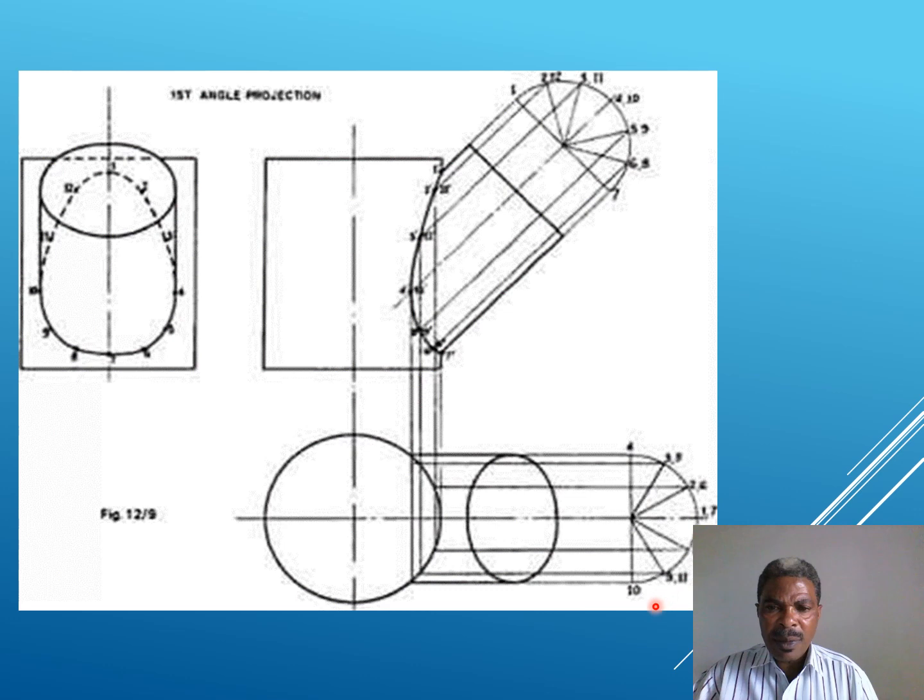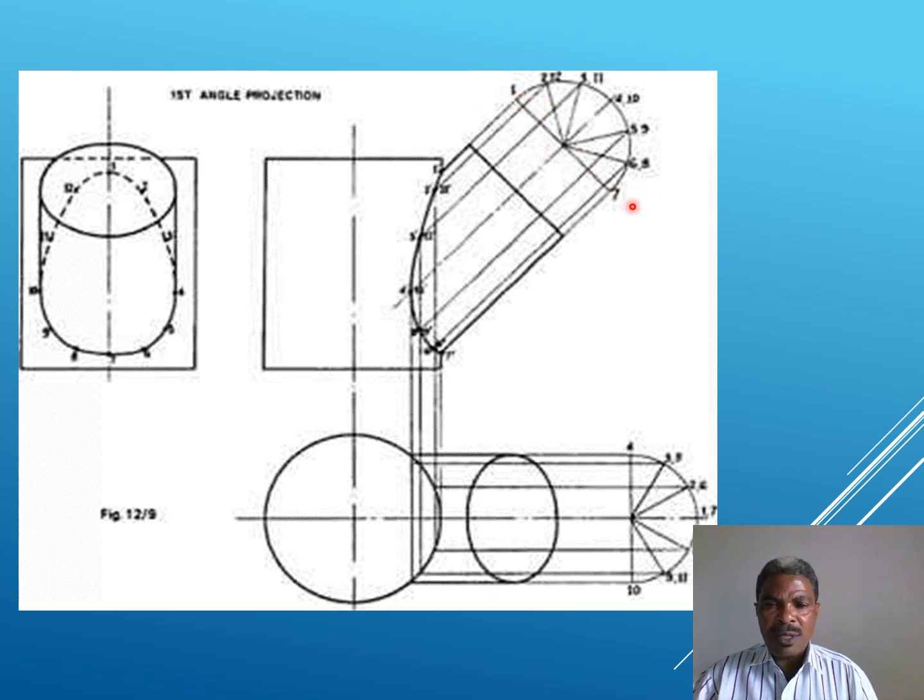You have to remember that the positions alter. Those which were at the center will be at the outer part of the semicircle. For example, 1 and 7 are at the center in the plan, but in the front view, they are the ones at the ends of this semicircle.